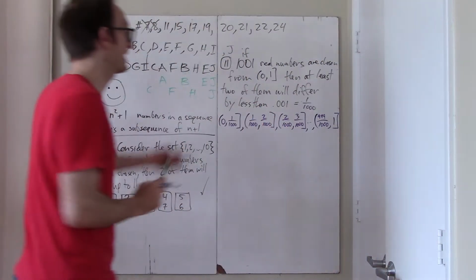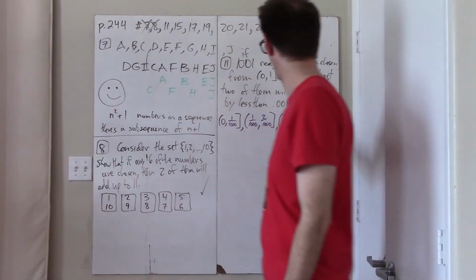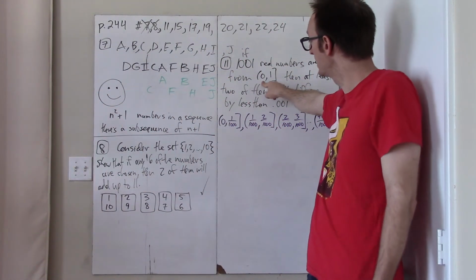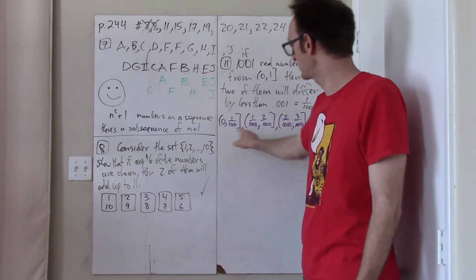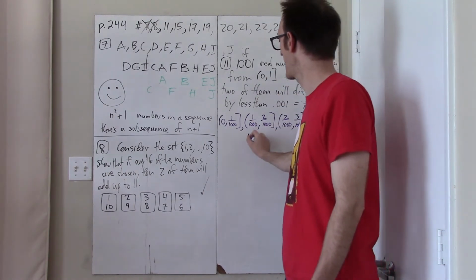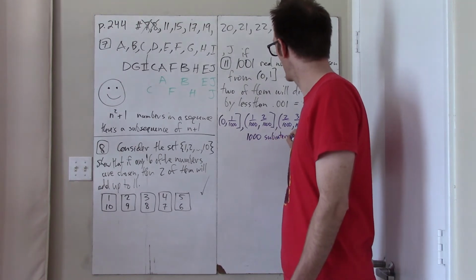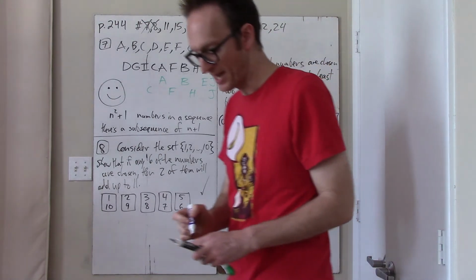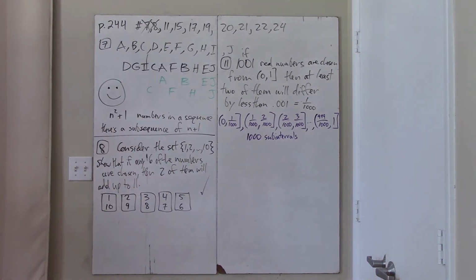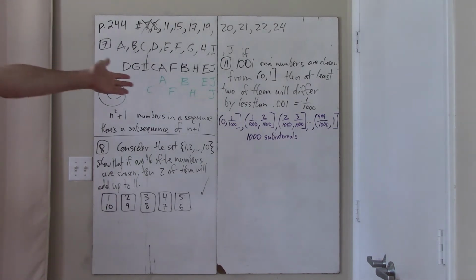Okay, so we have now a partition of this interval such that every single real number falls into exactly one of these 1,000 subintervals. And so if we now choose 1,001 real numbers, then the pigeonhole principle says that if we have only 1,000 subintervals, then there must be two numbers in the same subinterval.